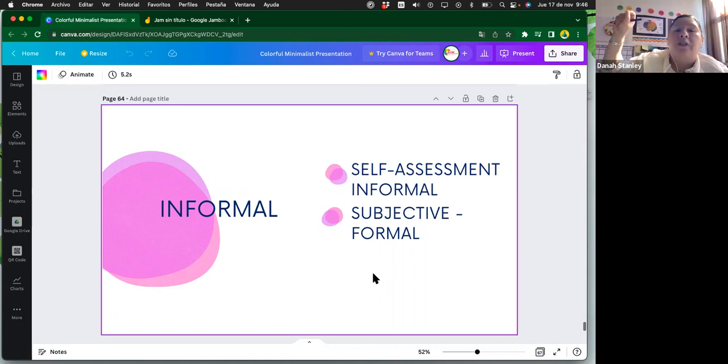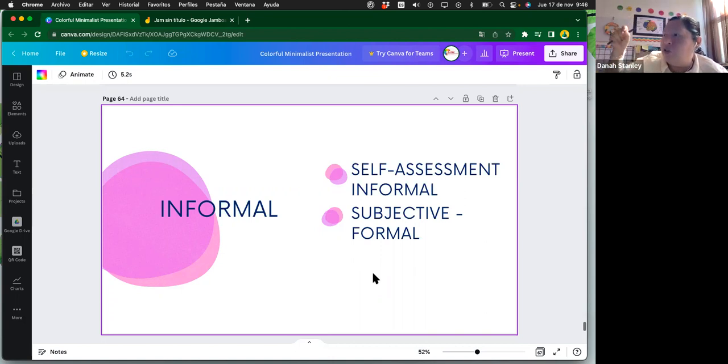Grammar, which is accuracy, vocabulary and spelling, use of correct expressions and salutations, and layout.